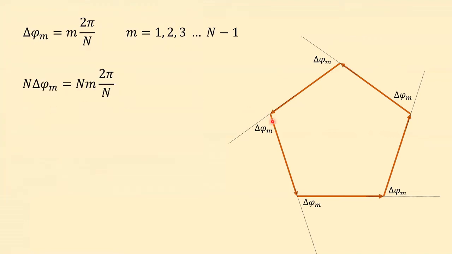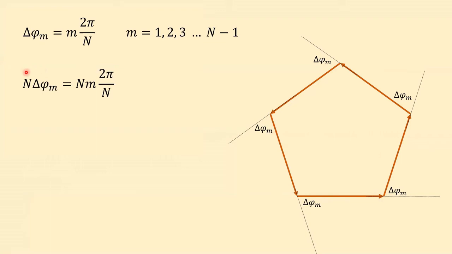So that's evident geometrically, but we can also show it with the formula, because what do you get when you add up all of these delta phi sub m's? Well, there are n of them, right? If you have 5 slits, you have to add that quantity up 5 times.